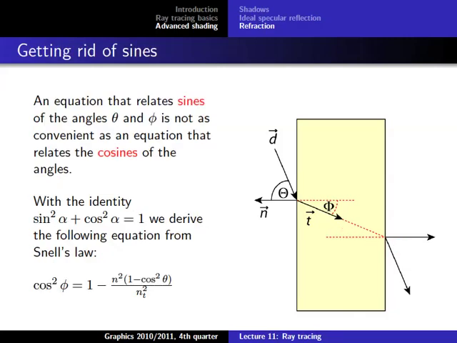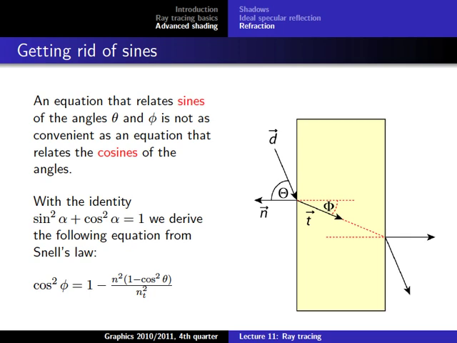And to do this, first of all, I hope you immediately understand why it says here that we have a relation with sines. It would be more convenient to have a relation with cosines, because of the scalar product, we can easily calculate the cosine.